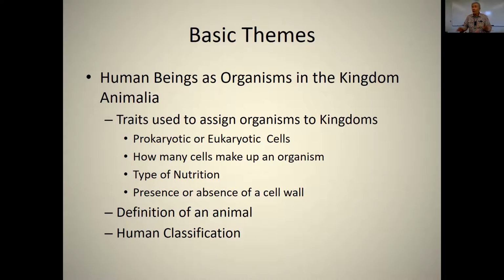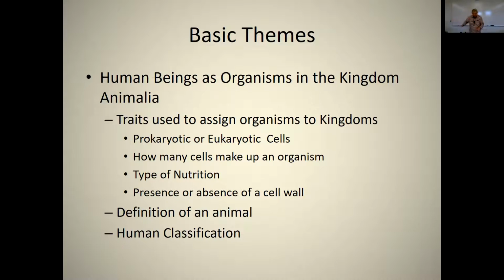Protistans aren't 100% unicellular. There are some actually multicellular protistans. And there are some unicellular fungi, and all the rest of fungi are multicellular. But that's okay. So we are multicellular. All right.